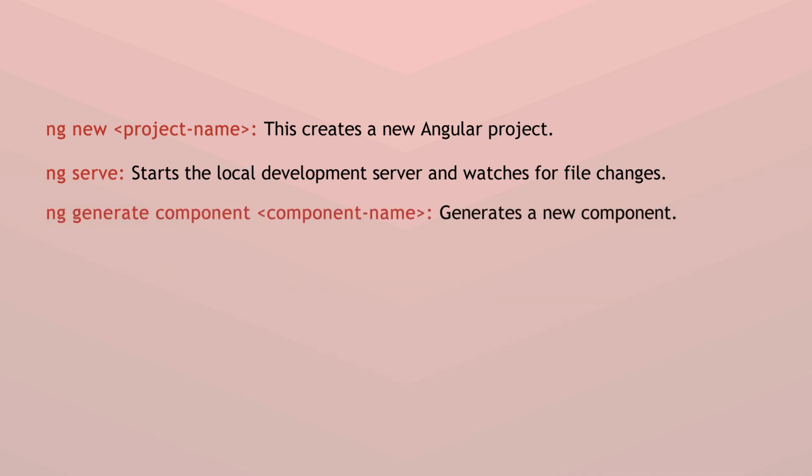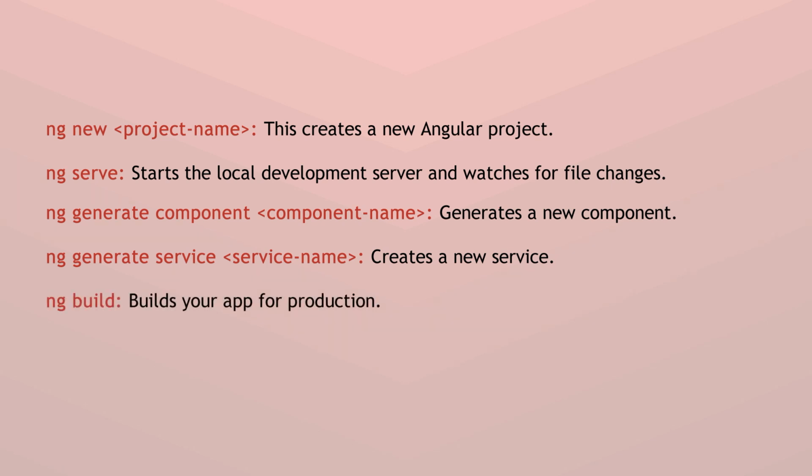Then you have ng generate component followed by the component name, and this generates a new component, and you'll be using this a lot. ng generate service followed by the service name creates a new service. ng build builds your application for production.